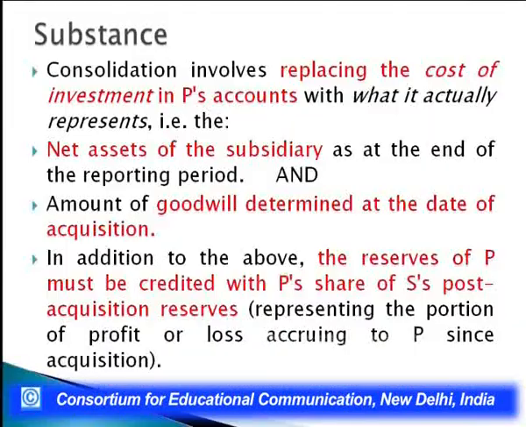If you have read the slide which was shown to you a few seconds ago, it clearly shows consolidation involves replacing the cost of investment in P's account with what it actually represents. So we are not required to show the cost of investment as it is. We are required to show in part the net asset of the subsidiary at the end of the reporting period and the amount of goodwill determined at the date of acquisition, in 2 parts.